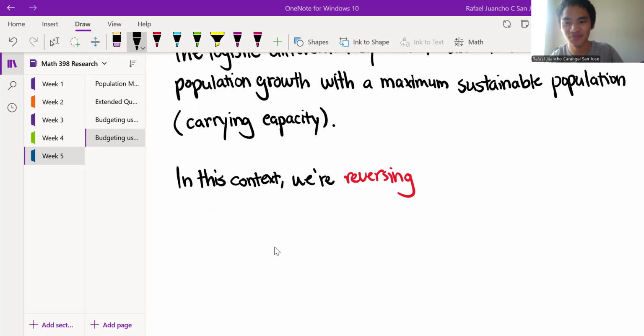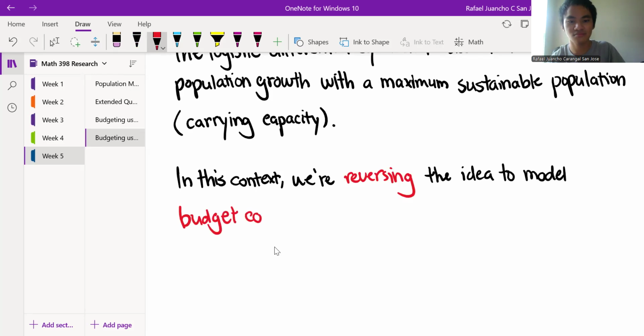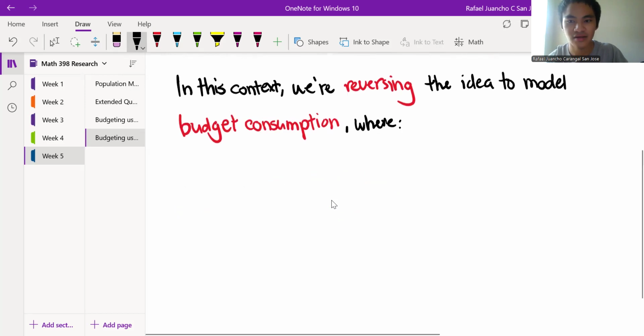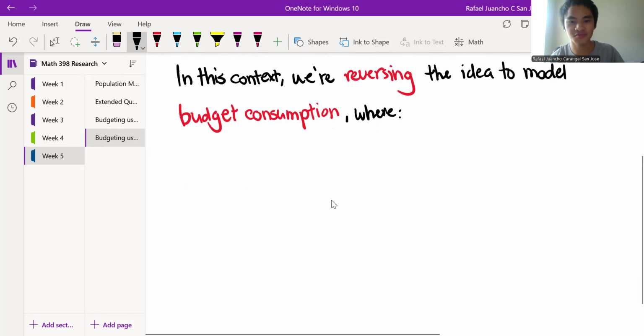Emphasis on reversing. The idea is to model budget consumption. So here are the characteristics of this model, or what this model is going to do.